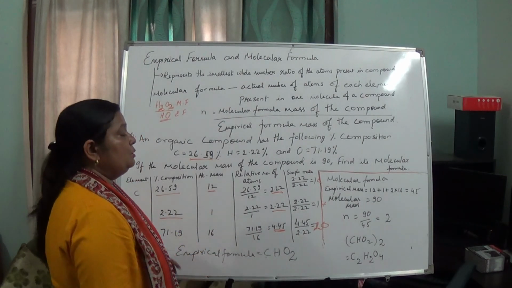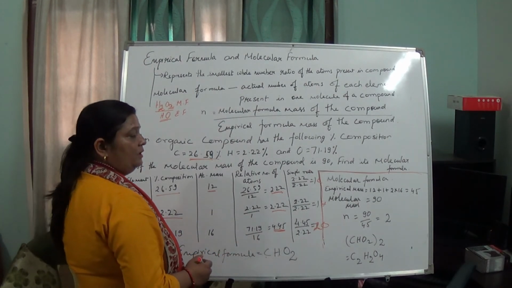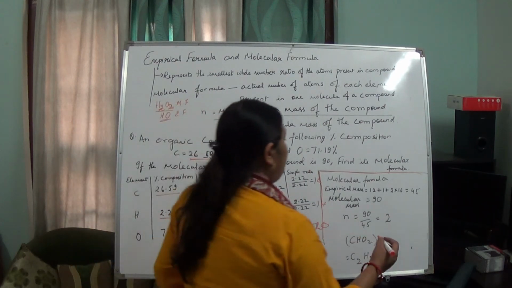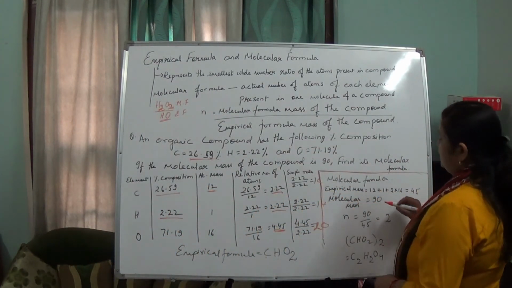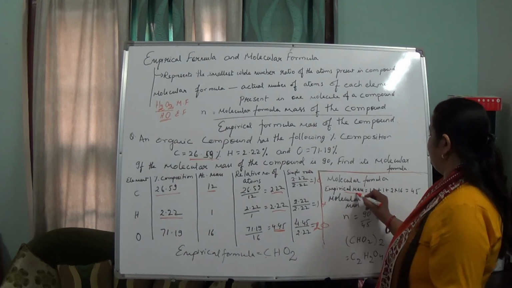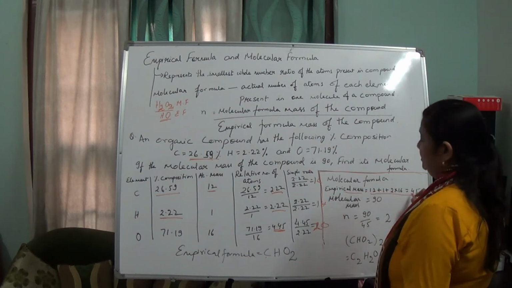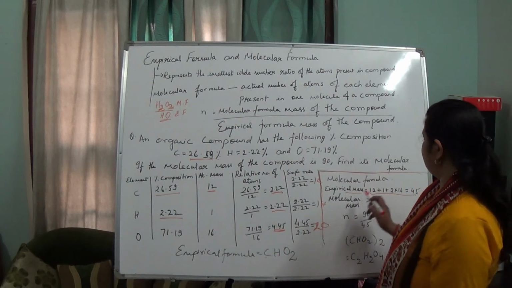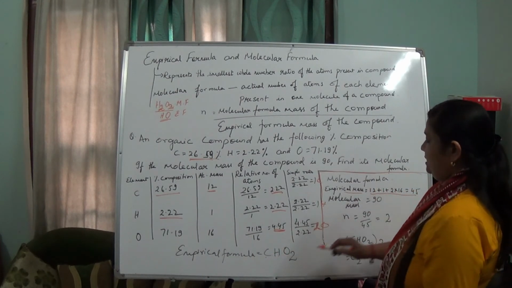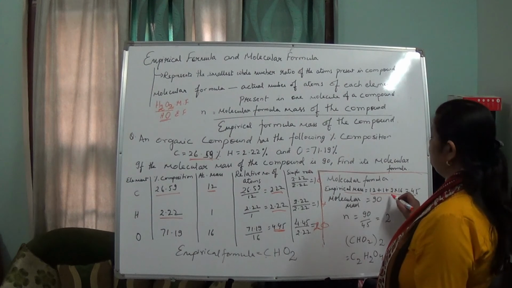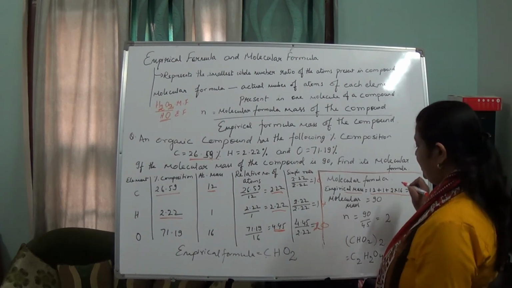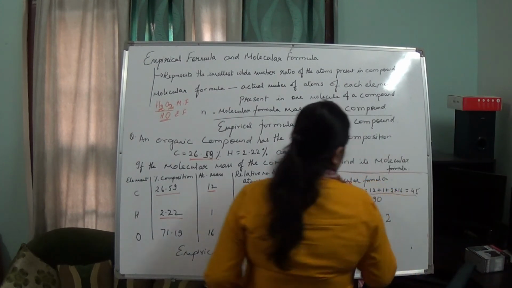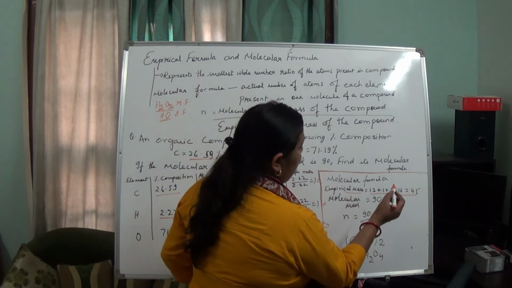Now to calculate the molecular formula, we first have to take out the empirical formula mass. How will you take it out? Carbon is 12, because only 1 is present. Hydrogen is 1, and here 2 atoms of oxygen are present, so 2 into 16, and the total becomes 45.